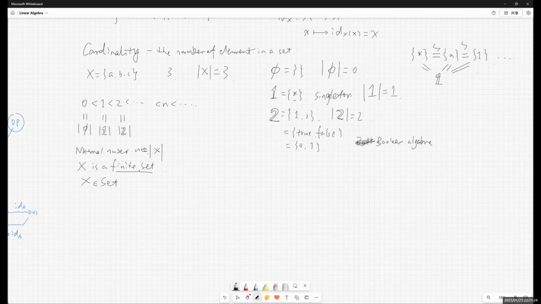If X is a finite set, we can say X is an object of FinSet. FinSet is the category of finite sets, and the arrows are the functions from one finite set to the other. So the category of finite sets is a subcategory of the category of sets.